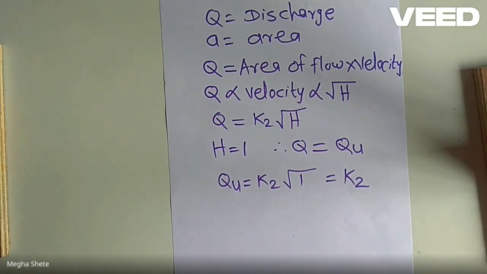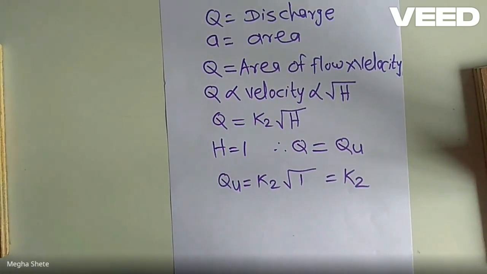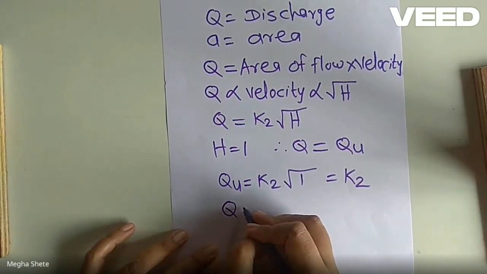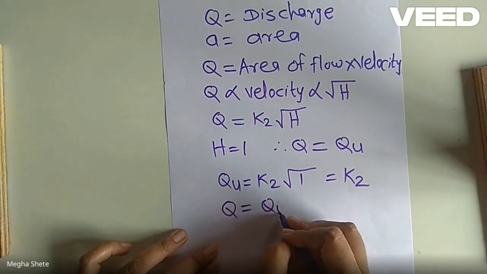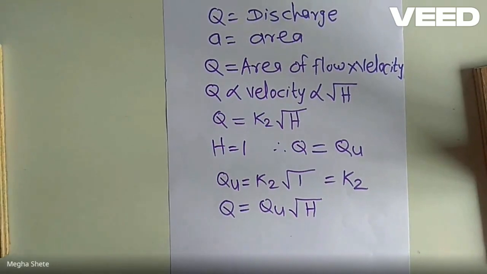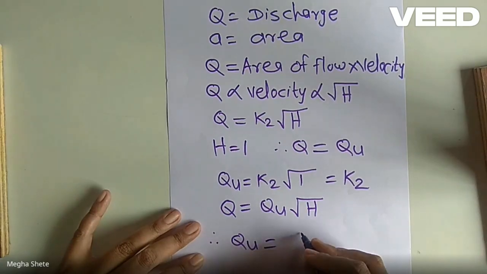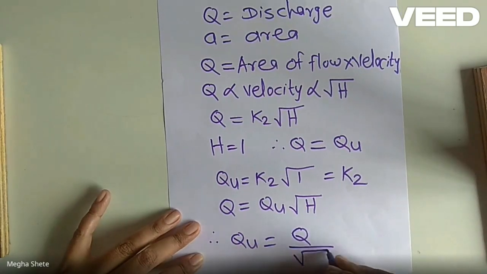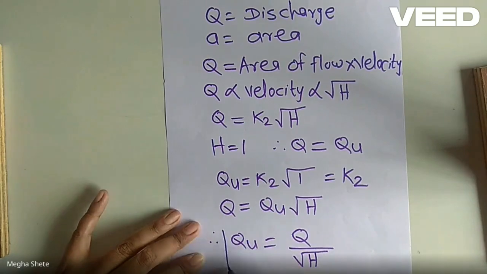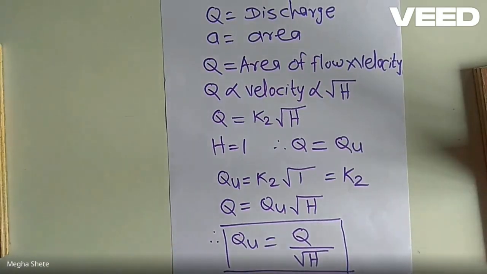Substituting the value of K2 in this equation, we will get Q is equal to QU into square root of H. Therefore, QU is equal to Q divided by square root of H, and this is our final derivation.